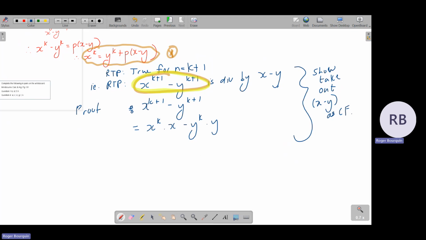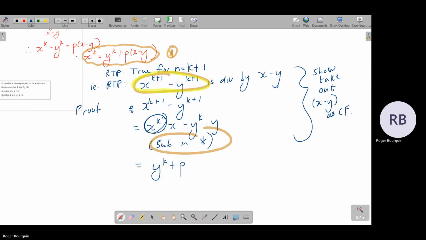We're going to sum up this. The sum is now. So you said x to the k is equal to y to the k plus something times x minus y. I'm going to times that all by what? By x.